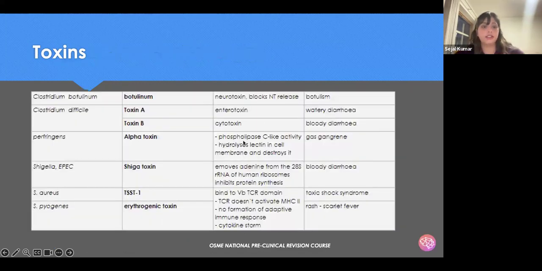And then this is just a little table of toxins, good examples that you can look up to go into more detail with. One of the questions that came up in our exams last year was on bacterial toxins, so they can have an entire essay question based on bacterial toxins.